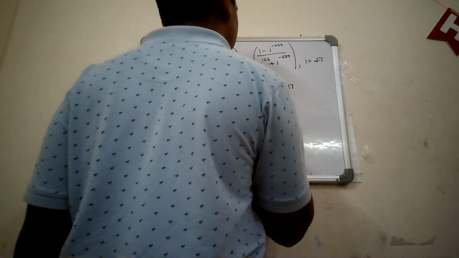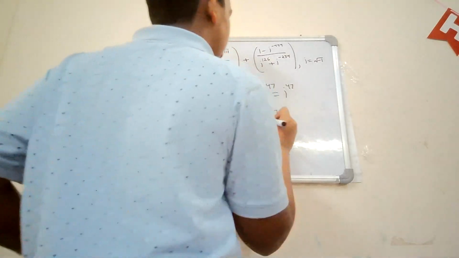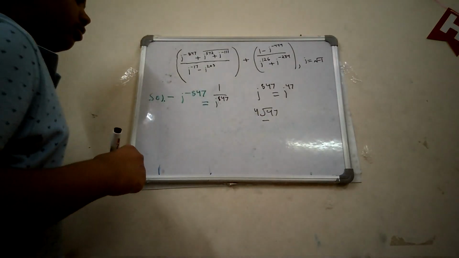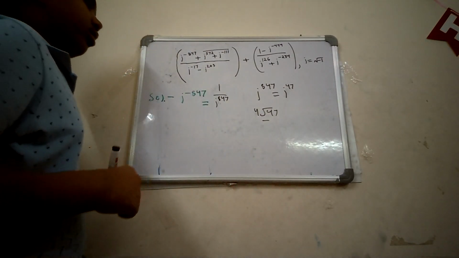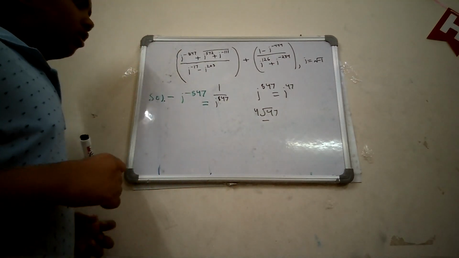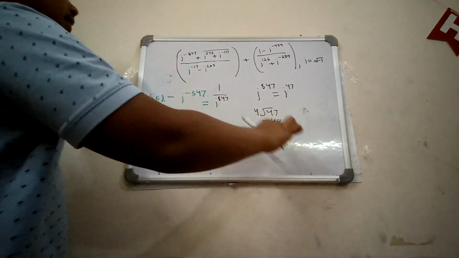Because the pattern repeats every 4 numbers, we just divide by 4. 4, 8, 12... 44. 11. Okay. And the remainder is 3.